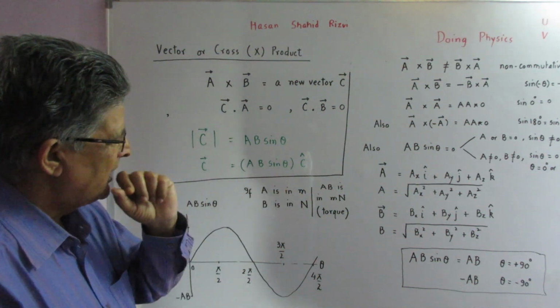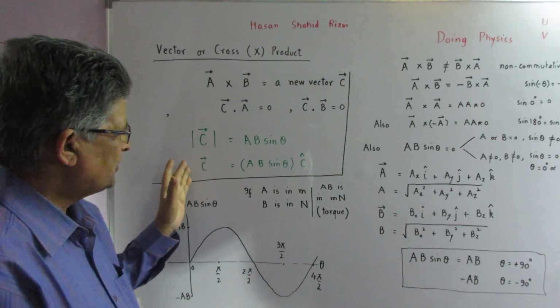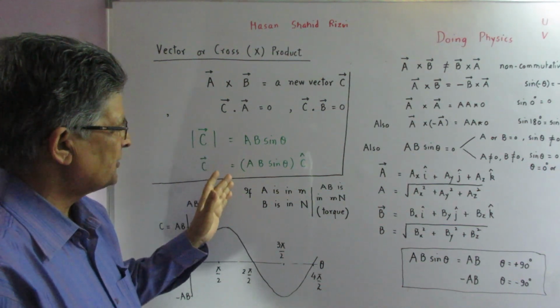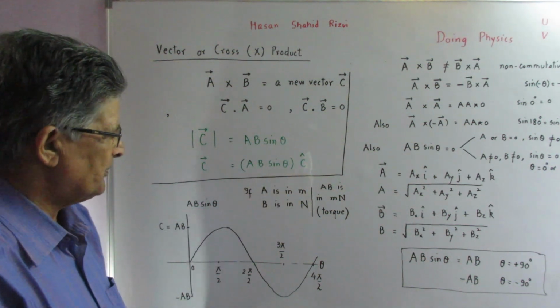So the vector C becomes equal to the magnitude of C, which is AB sine theta, multiplied by C cap.